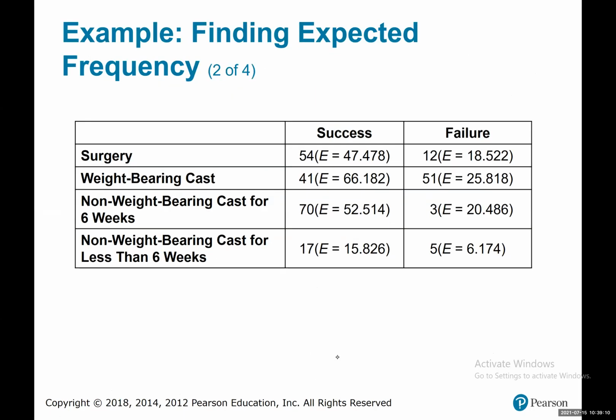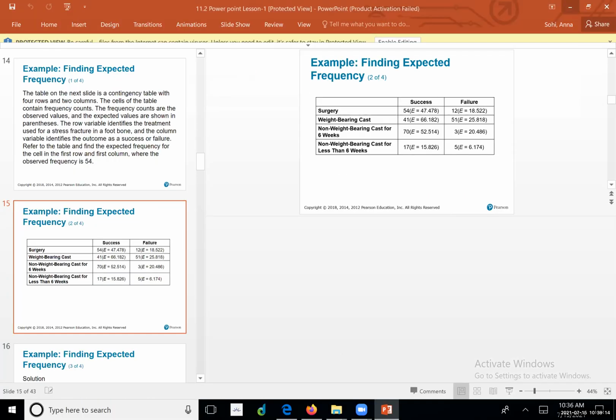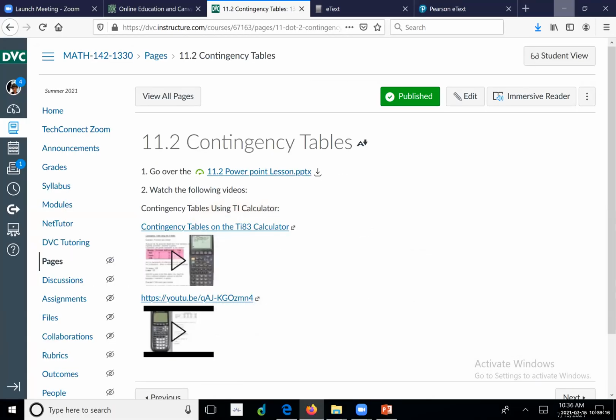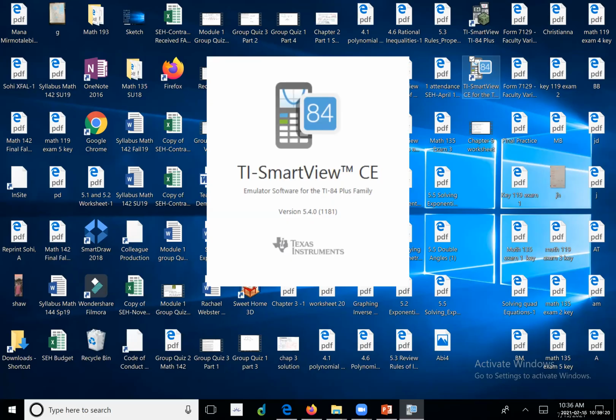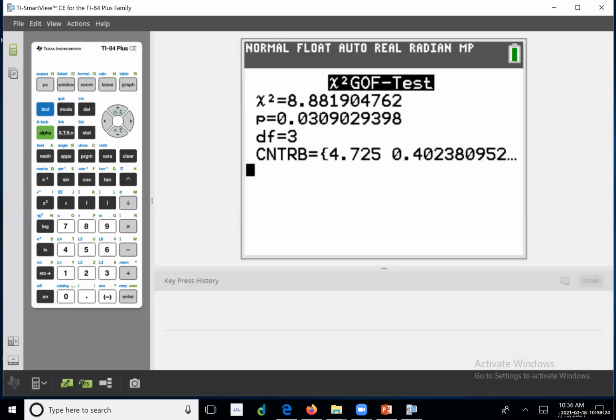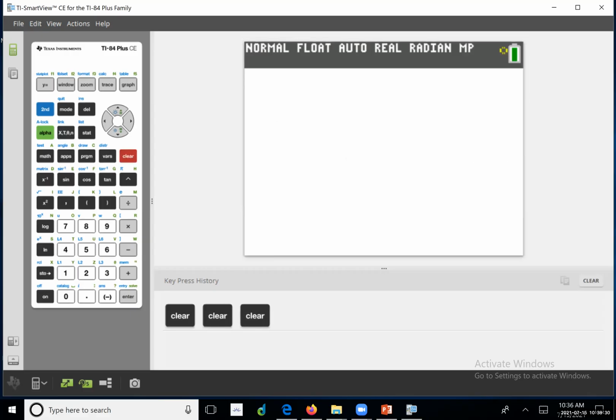Let's go to our calculator. Everyone has this command. I want you to pay attention to this, and it's also on the video. Maybe you didn't see this key before where you enter the values.